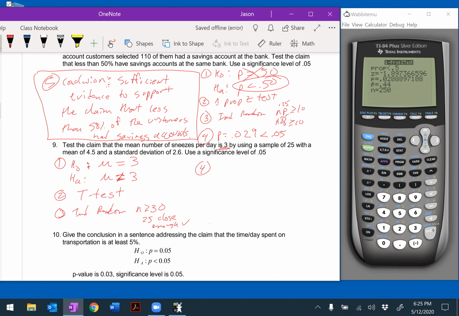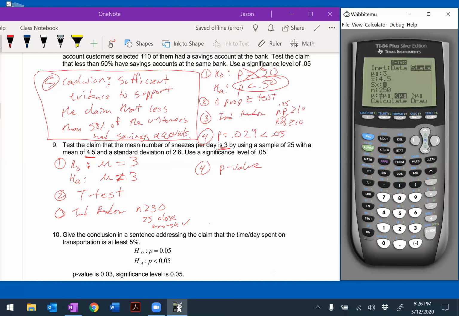Number 4, we're going to find the p-value, so we're going to go to the calculator. Stat test, and this is going to be a t-test. What is mu sub 0? That's 3 sneezes. What is x bar? The average that we got was 4.5.